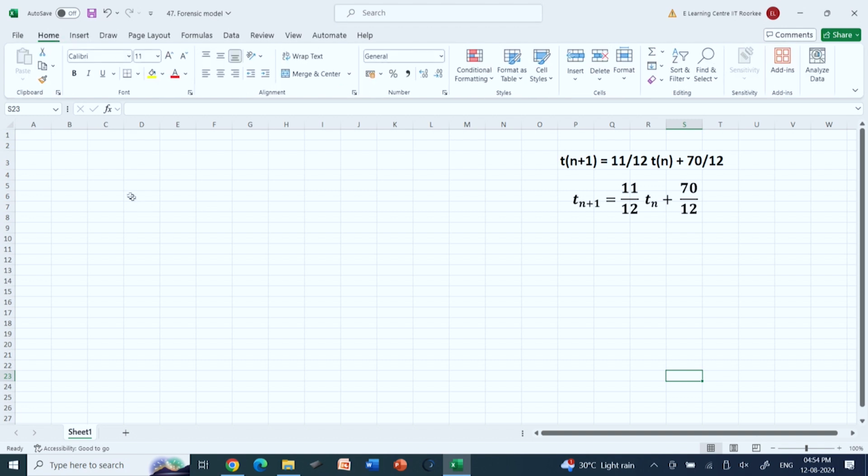Let us now solve this difference equation. So, we put n here, T_n here, at time 0, this value is 190 degree Fahrenheit.